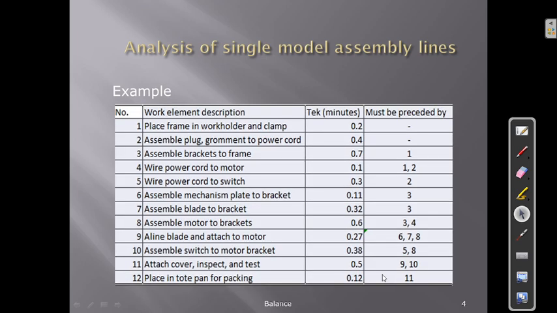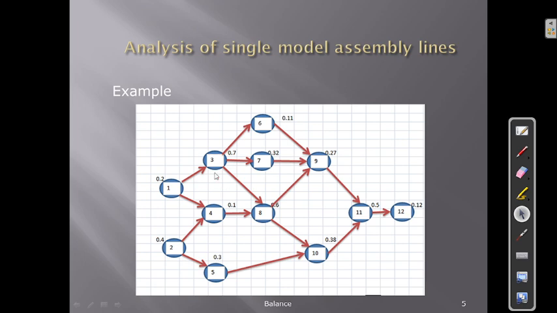In the table we can directly see 3 has predecessor 1, 4 has predecessor 1, 2, and 5 has only predecessor 1. Likewise we draw 3, 4, 5. Simultaneously we write the minutes: 0.3 minutes, 0.1 minutes, and 0.7 minutes.